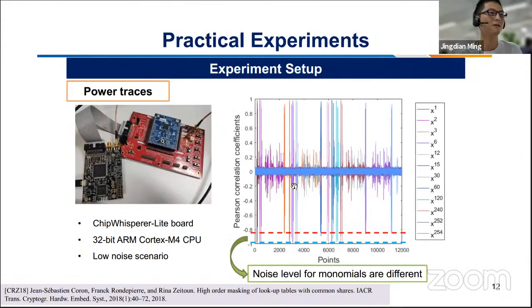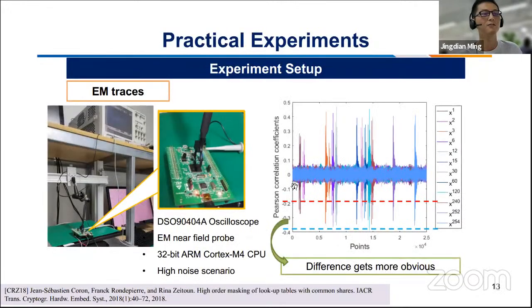Here is our experiment setup. The power trace and EM trace are collected respectively. Note that the noise levels for the monomials are different, and the difference gets more obvious for EM traces. This difference will also affect the attack results.